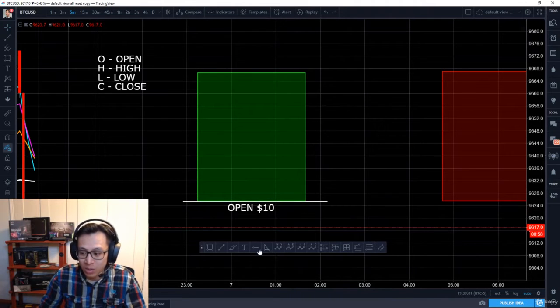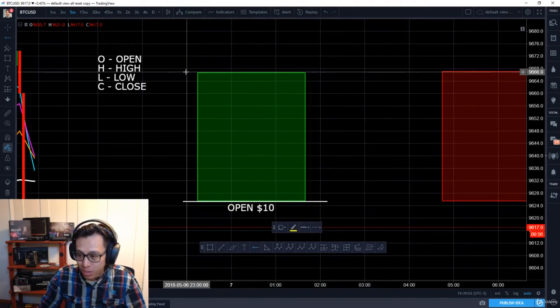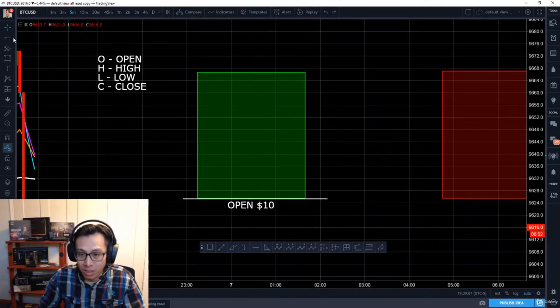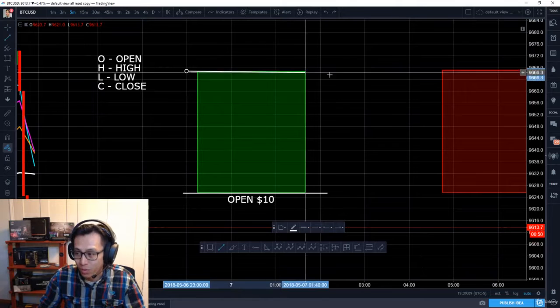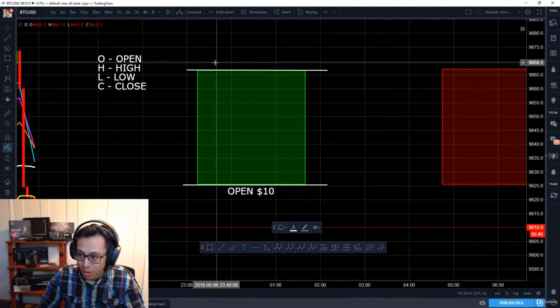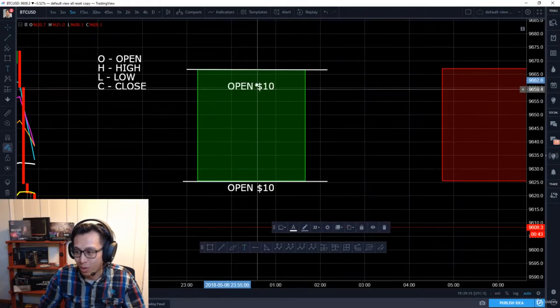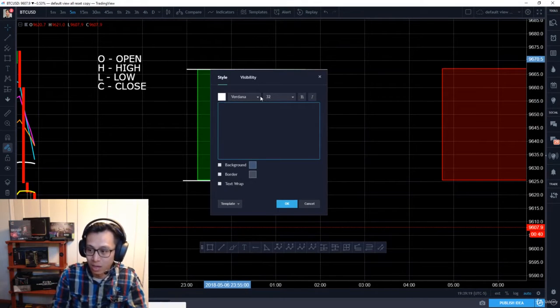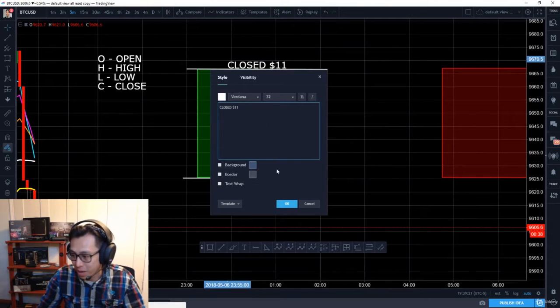So what do you think the close would be? Let's just pretend here that this is $11, okay? Right here is $11. Do you think that this would be the close? Yeah, it would be the close, okay? So if that was $10 here, we'll just pretend that this one closed at $11, just like that.